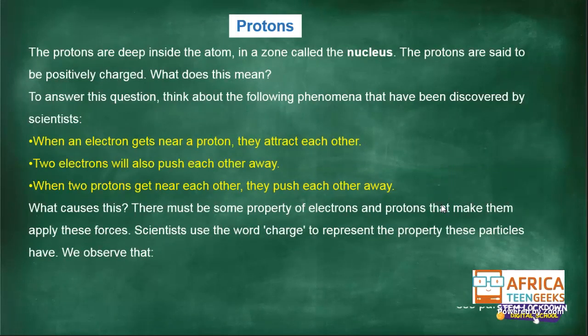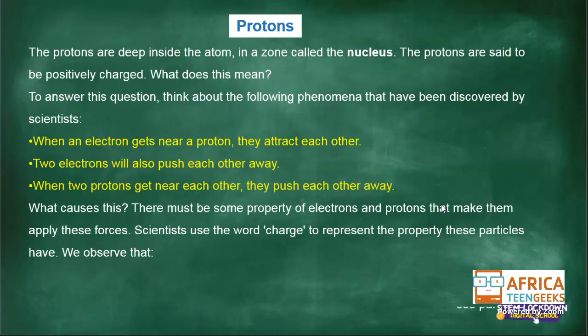So what causes this? There are some properties of electrons and protons that make them apply certain forces. So from this observation, they deduced that this occurred because of some force that was either attracting or repelling each other. So scientists use the word charge to represent the property that these particles have.